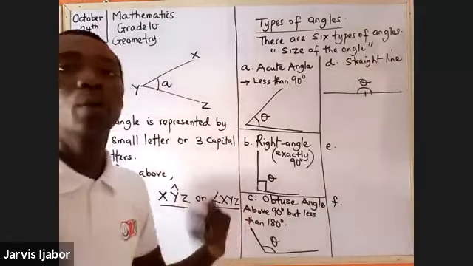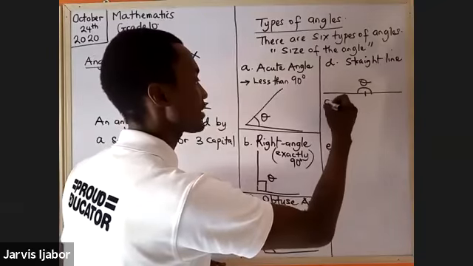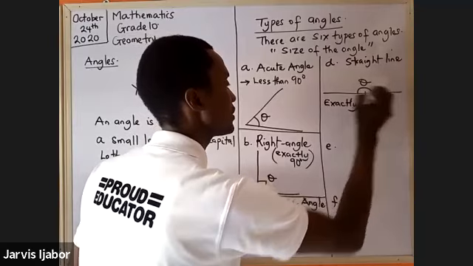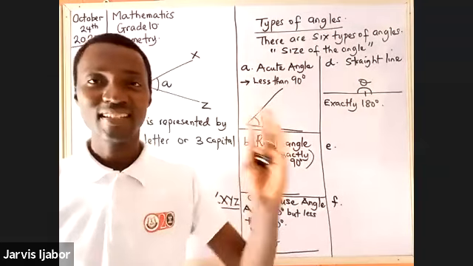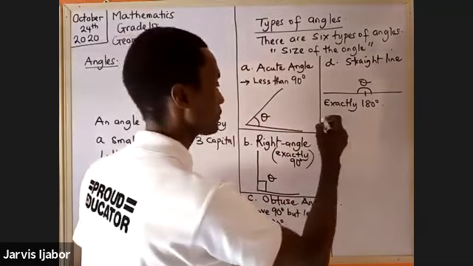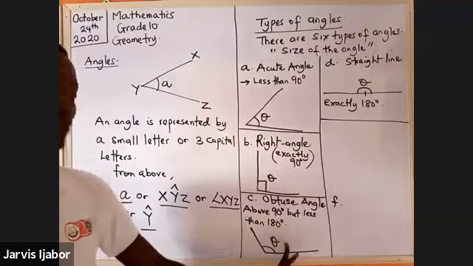What do we know about a straight line? It is exactly 180 degrees. That's why it is called a straight line. So you get a picture of what an obtuse angle is.